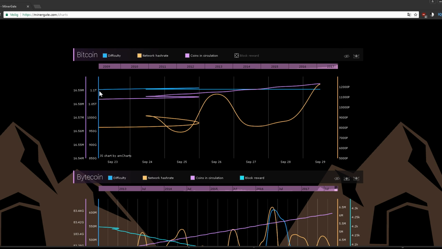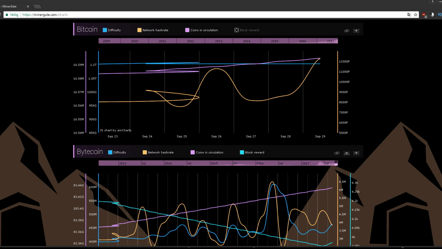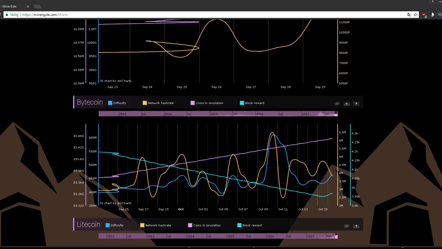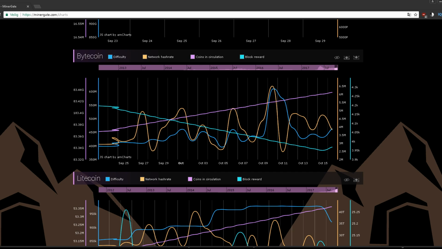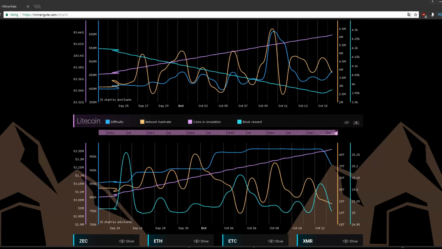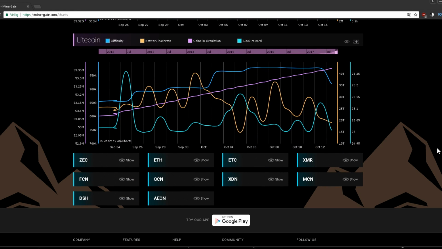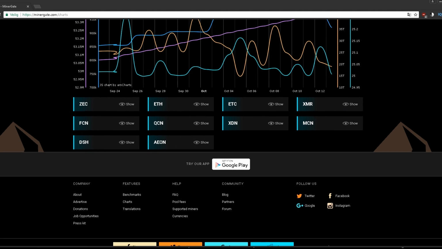Here you can see difficulty, and this is all nice to see in a chart. Also, I'll be providing some more links for checking out cryptocurrency information at the end for you guys.